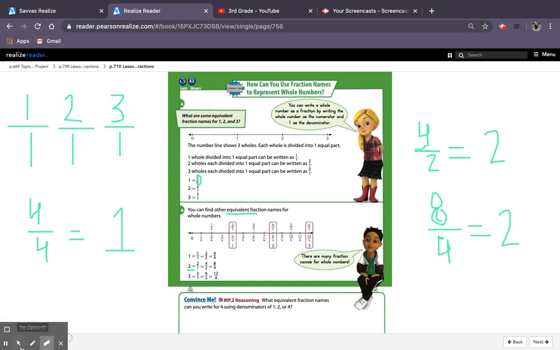The bottom part down here says, what equivalent fraction names can you write for 4 using denominators of 1, 2, or 4? So we're going to write all 3 of them. I'm just going to erase this stuff on the side right here.